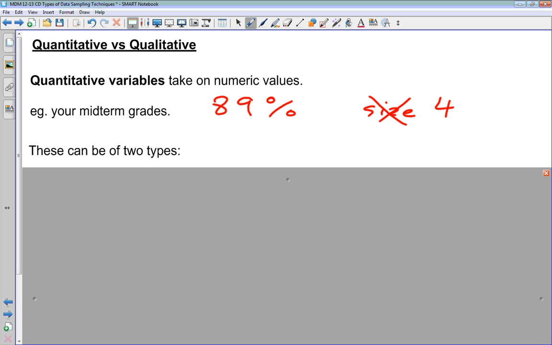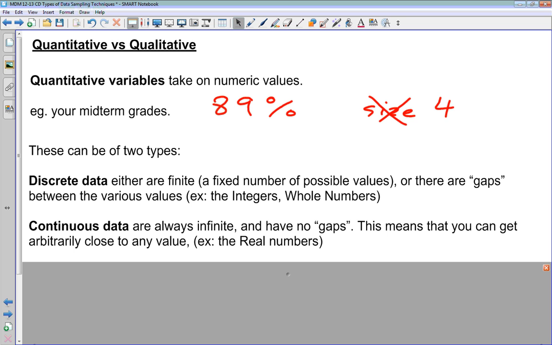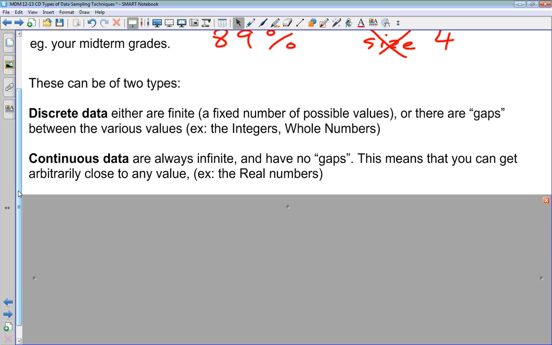Okay? Now, if we have numeric or quantitative data, we often divide it into two categories. And we've talked about these two categories before: discrete data and continuous data. So discrete data are either finite, there are a fixed number of possible values, or there are gaps between the various values.